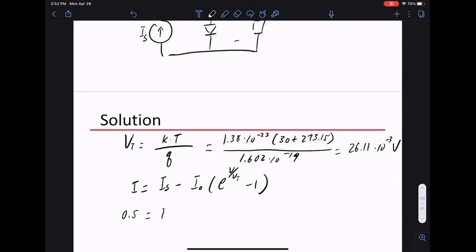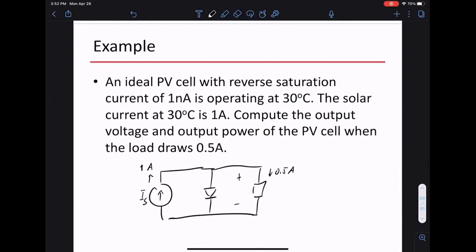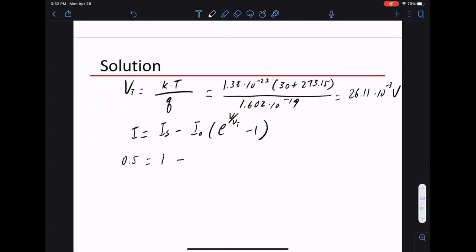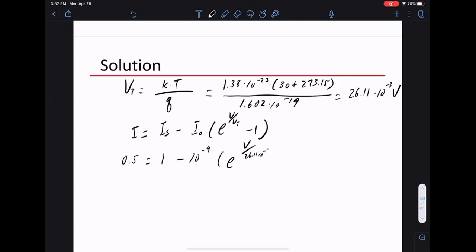We know the solar current is 1. We know the reverse saturation current, this 1 nanoamp, this is I0. E to the V, we don't know, but we know VT, which is 26.11 times 10 to the minus 3, minus 1. Okay, so we can solve for V.